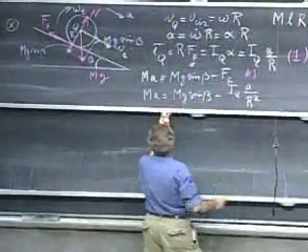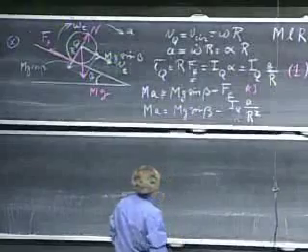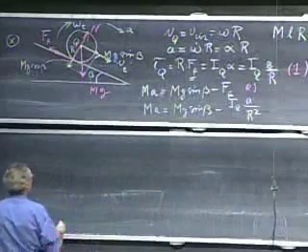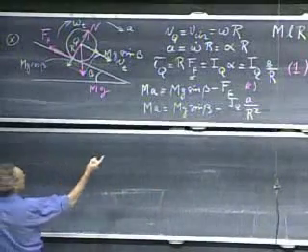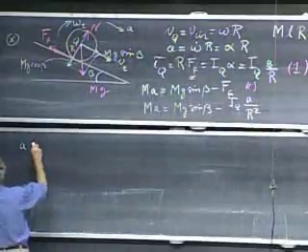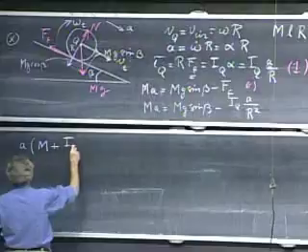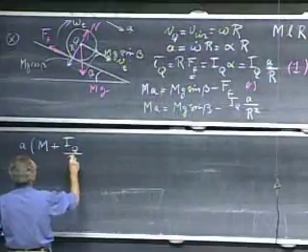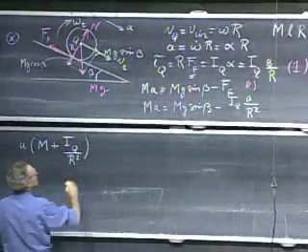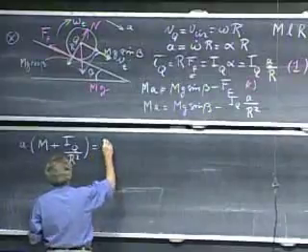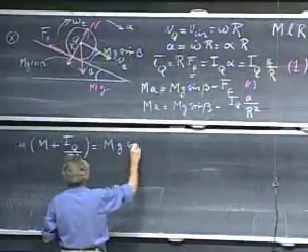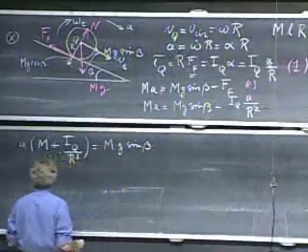Now notice that I've eliminated f_f, and so now I can solve for A. I bring the A's to one side, so I get A times m plus moment of inertia divided by r squared equals mg sine beta.